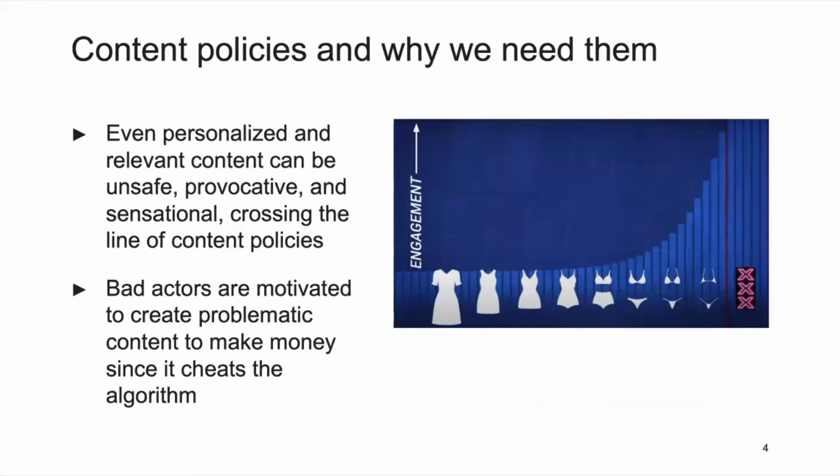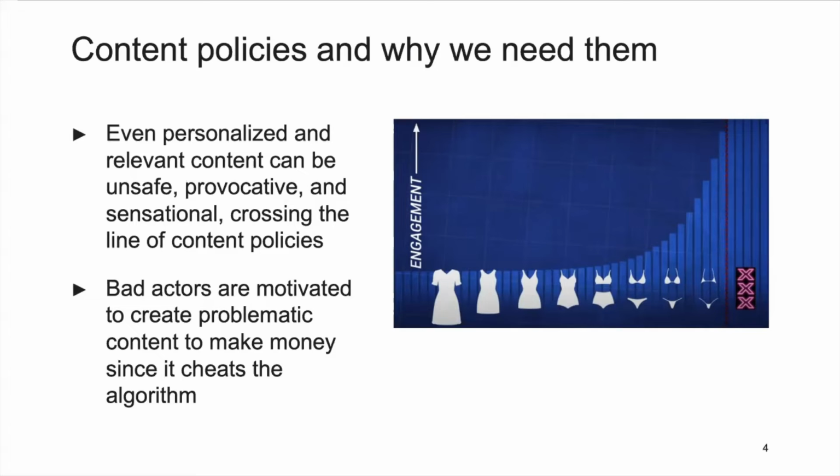This, of course, can create some problems since it's all user-generated. Bad actors are usually motivated to create content which is unsafe, provocative, and sensational, and even crosses our content policies, like porn, adult content, hate speech, and stuff like that.